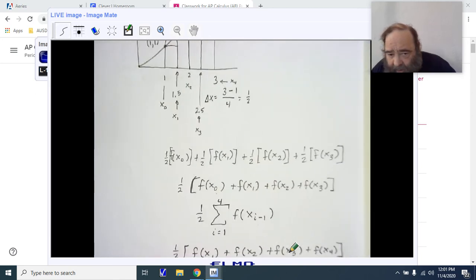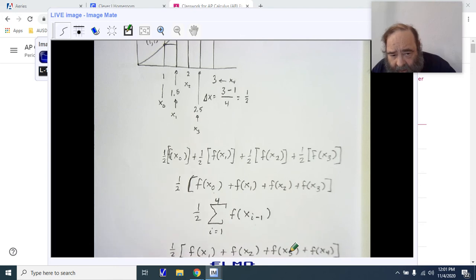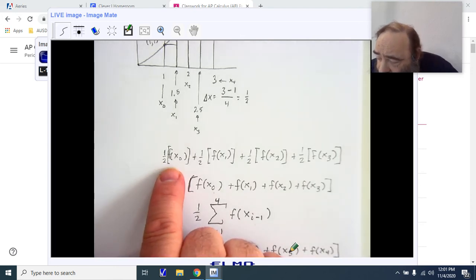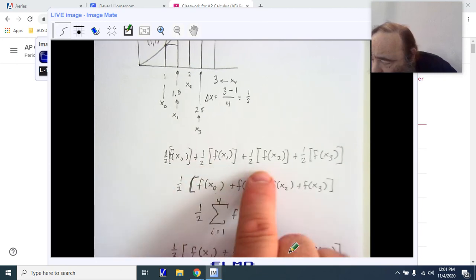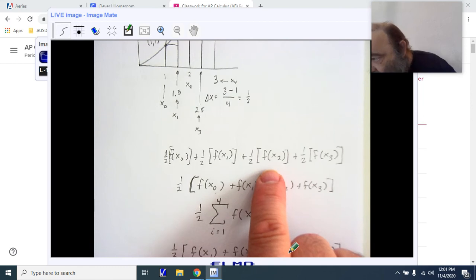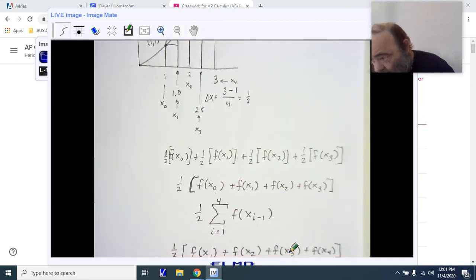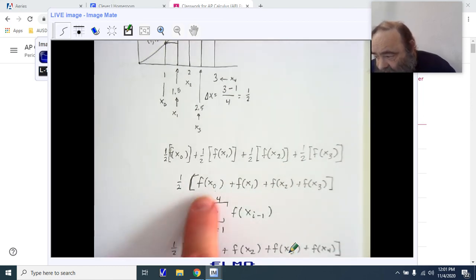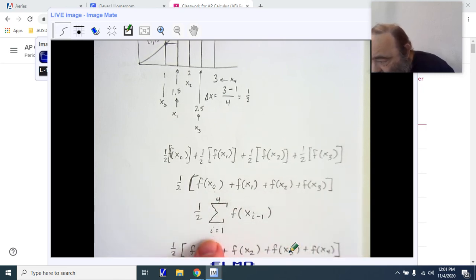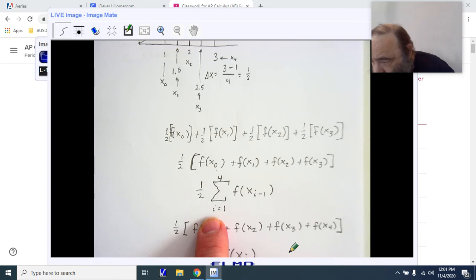I know that if I were to make the area of this, the lower sum would be 1 half x sub 0, plus 1 half x sub 1, plus 1 half x sub 2, plus 1 half x sub 3. Factor out the 1 half, and I just have this series, which I can write in sigma notation.